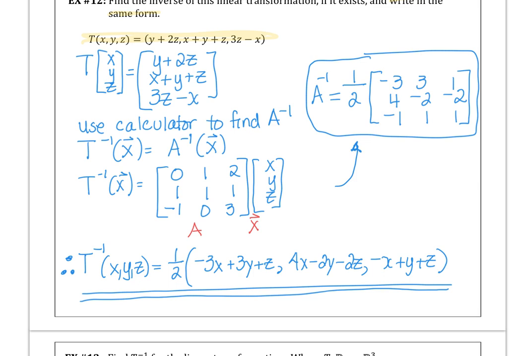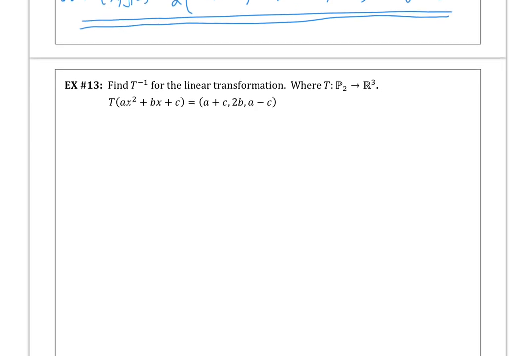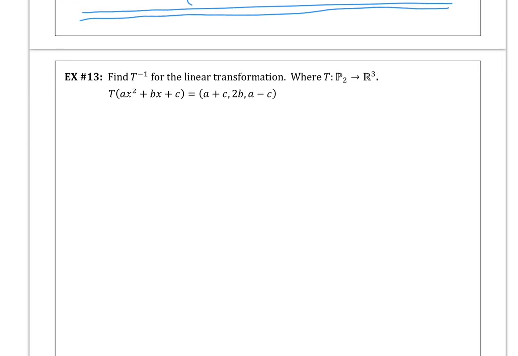And finally, in this lesson, for example 13, we want to find the transformation inverse for the linear transformation given here, t of ax squared plus bx plus c. So we want to do t inverse of t ax squared plus bx plus c.